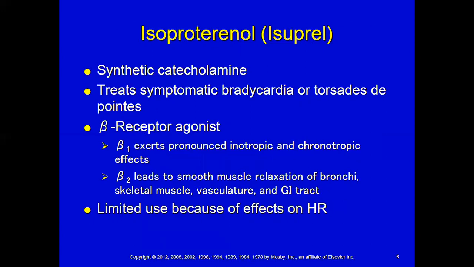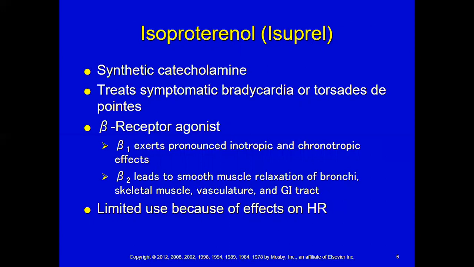All right. It's a beta receptor agonist. So remember, we got beta 1 and beta 2. Beta 1's on the heart. Beta 2 is on the lungs. So it's got beta 1 effects that are going to be inotropic, going to make the squeeze harder, and chronotropic, meaning it's going to speed my heart up. Okay.